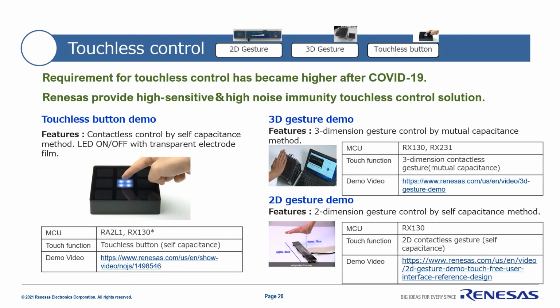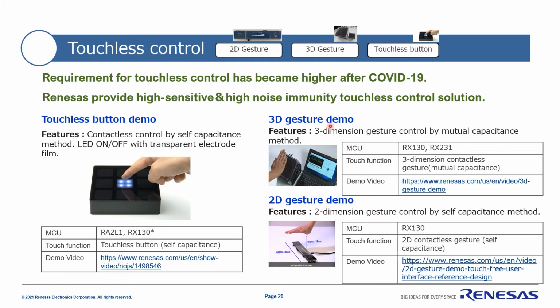We have developed different proofs of concept as reference designs for the touchless button and gesture recognition. Concerning the touchless button demo, it's based on the self-capacitance method. We embed RA2L1 or RX130. A video is available on our website.